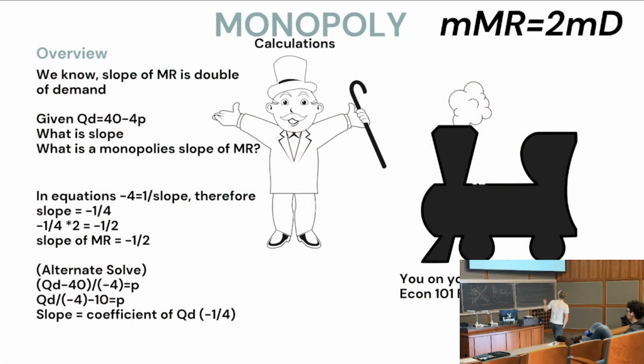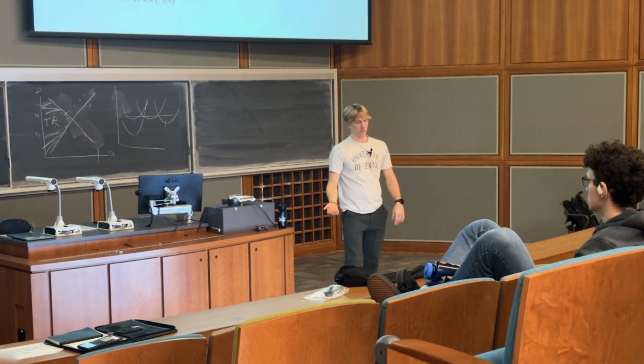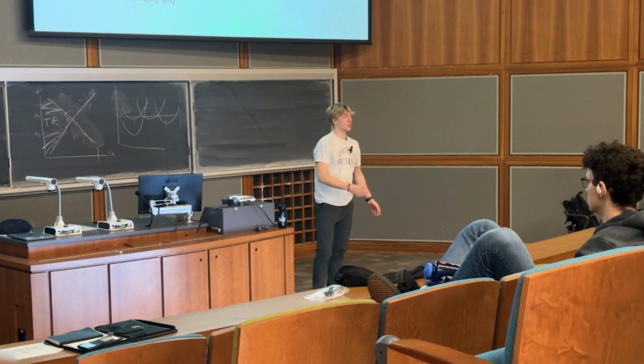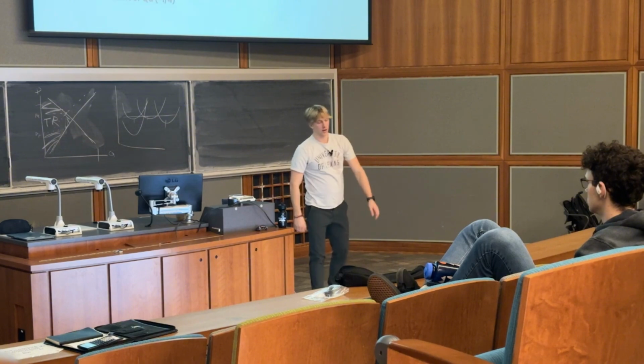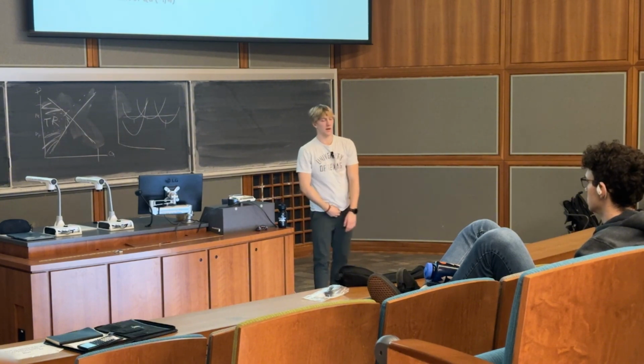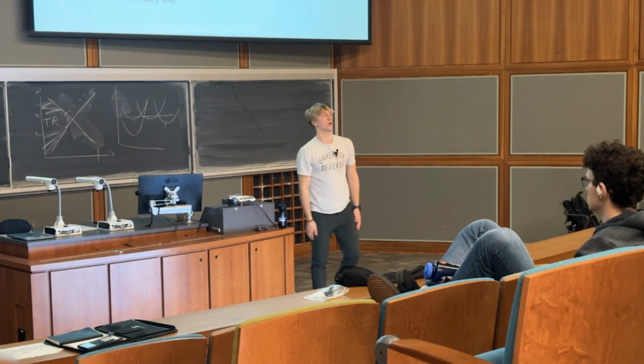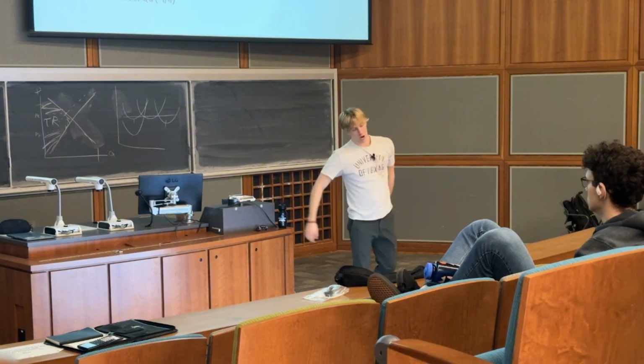So now you have the slope of MR, and then you know that it has the same price intercept. That's another thing I wanted to mention. So they both start at 40. Then you can create the equation of the marginal revenue, and then you just set that marginal revenue equal to whatever your marginal cost equation is. And then boom, optimal quantity.